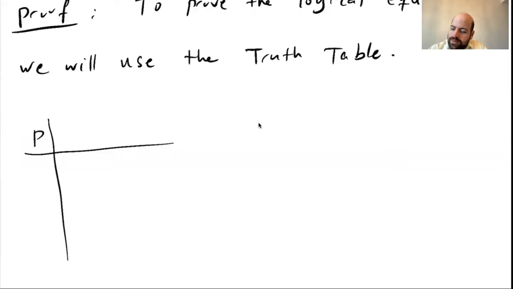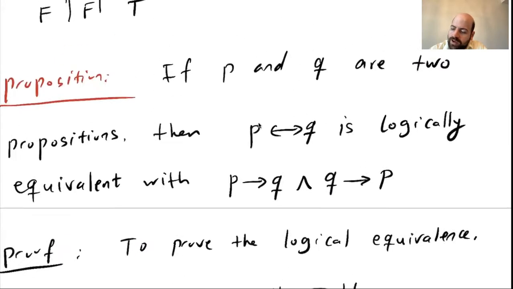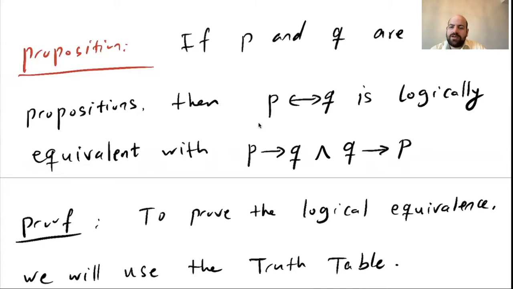So here is P, here is Q, and then I have P if and only if Q. For the other one, I need one column for P implies Q, one column for Q implies P, and then one column for the conjunction of these two.